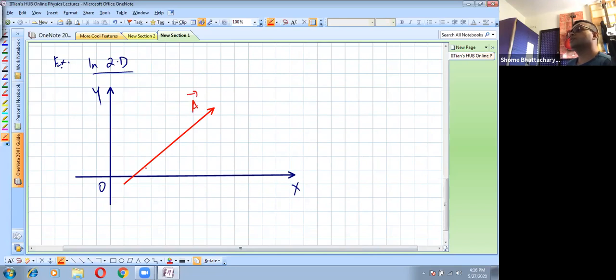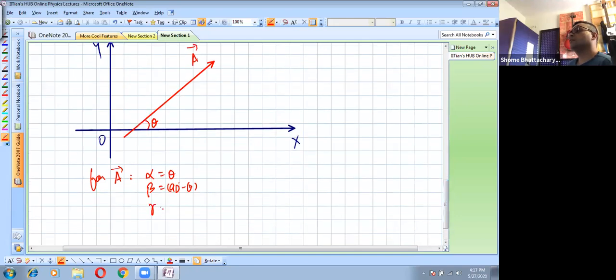This angle is theta. So for the vector E, alpha, the angle with the x-axis, is theta. Beta, the angle with the y-axis, will become 90 degrees minus theta. And gamma should be equal to 90 degrees because it's in the xy plane.